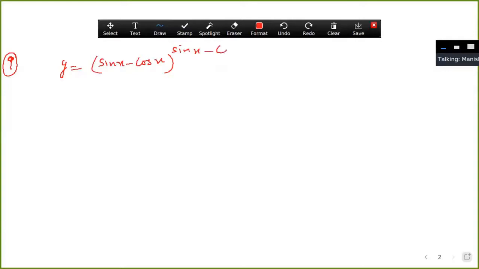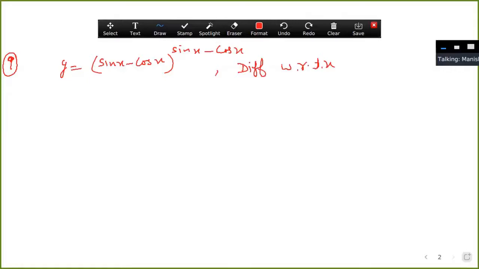This is the statement. You have to differentiate it with respect to x.